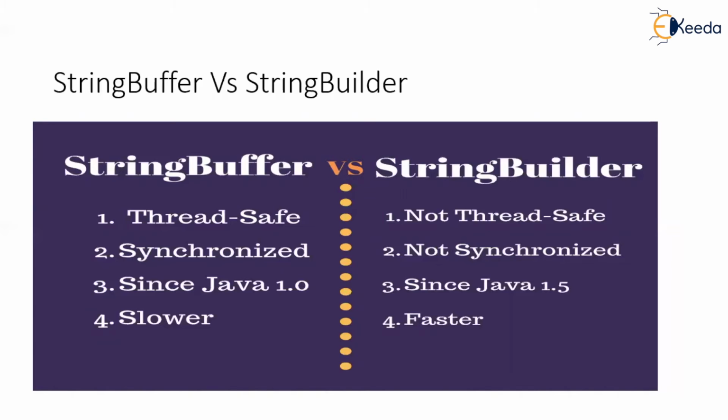In most cases, strings are not used in multi-threaded applications because strings are immutable, right? So to make a string available for a multi-threaded application, we can represent it in the form of StringBuffer. However, in StringBuilder, the methods are not synchronized, so it is not thread safe.